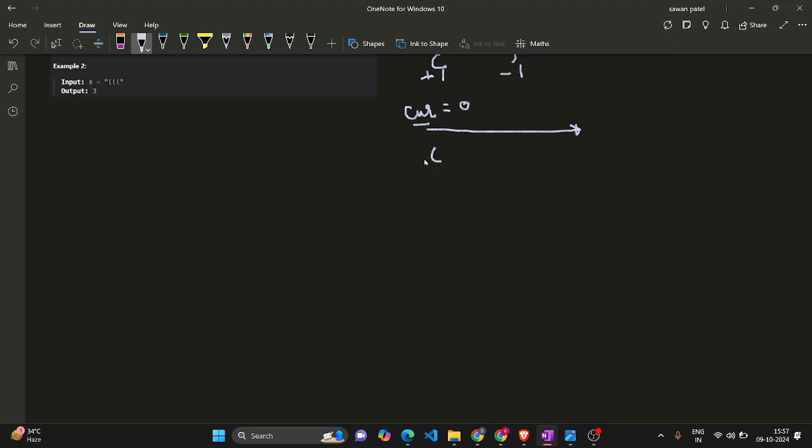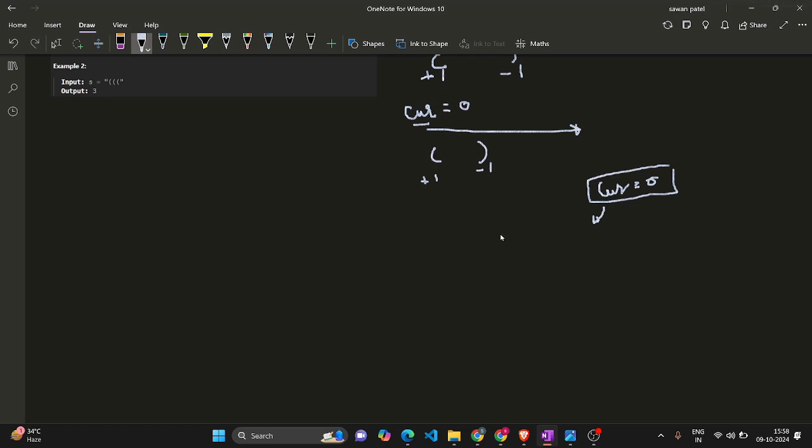Whenever we find an open parenthesis, we increase it by one, and whenever we find a closing, we decrease it by one. At the end, current should be zero in order to be valid.